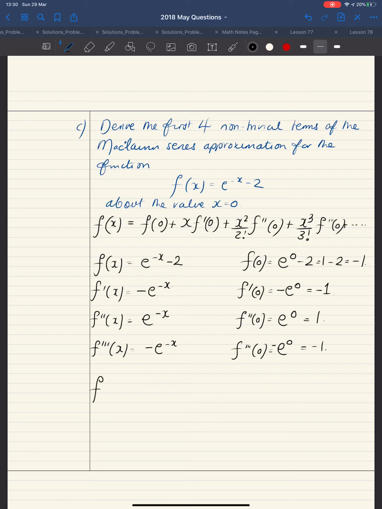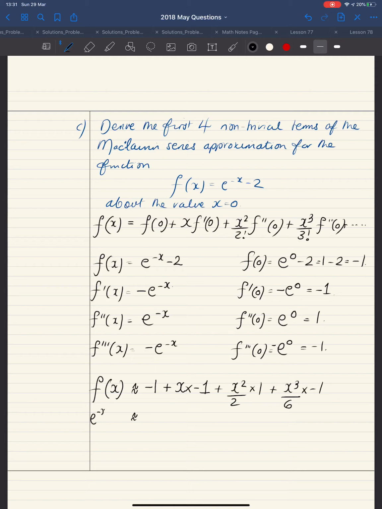So now we can say f of x is approximately equal to f of naught, minus 1, plus x times f dashed of naught, minus 1, plus x squared over 2 factorial, which is 2, and f double dashed of naught is 1. x cubed over 3 factorial, which is 6, f triple dashed of naught, which is minus 1.